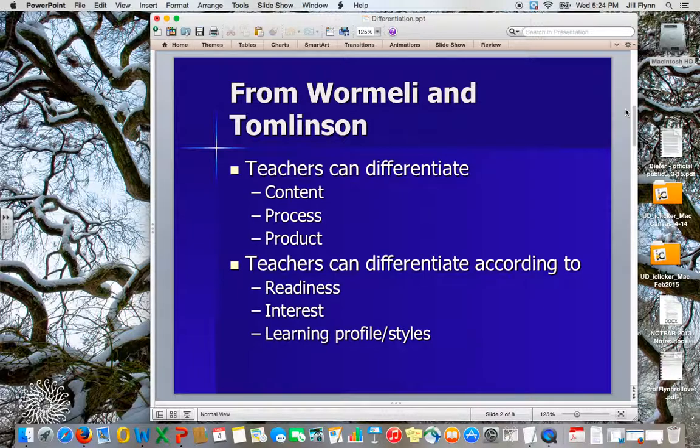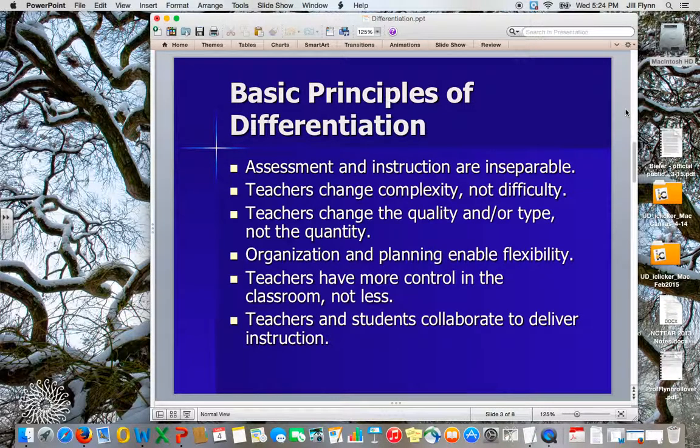So they were doing the same kind of work, but producing a slightly different product in the end. We often think about differentiation in terms of special ed students, but it can also be about who's ready, who's interested in the material, who is up for another challenge, and who is still having trouble grasping these concepts. And then learning profile and styles, which we'll talk more about in a minute.